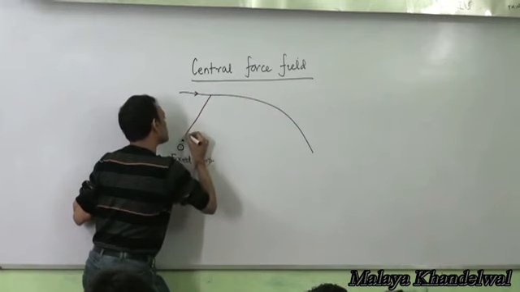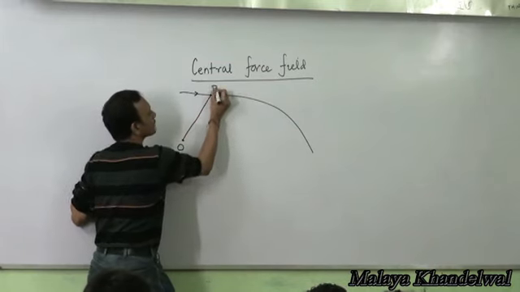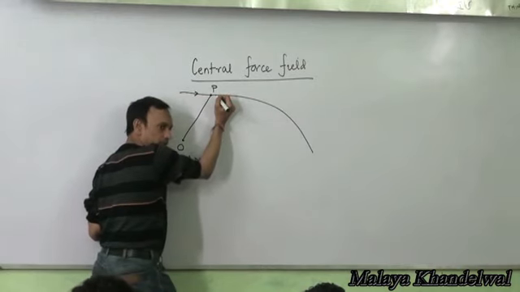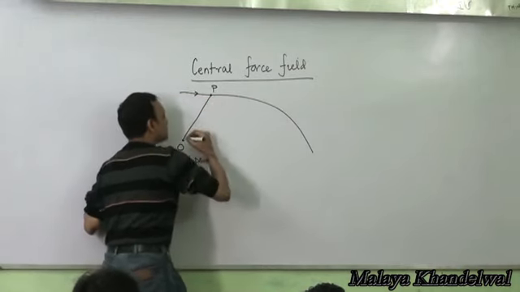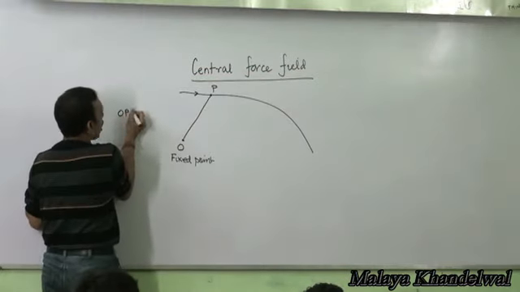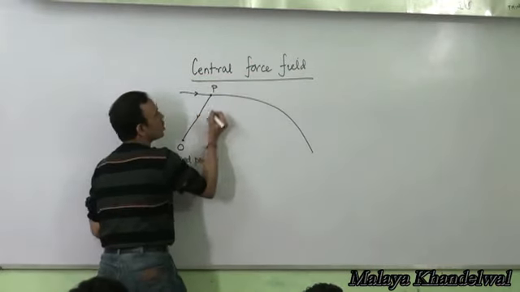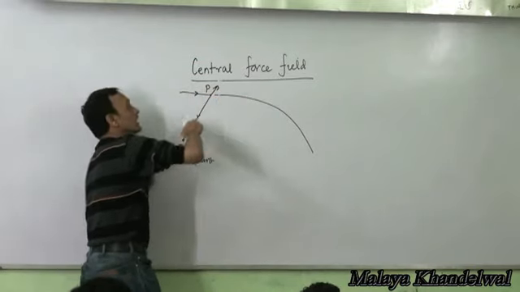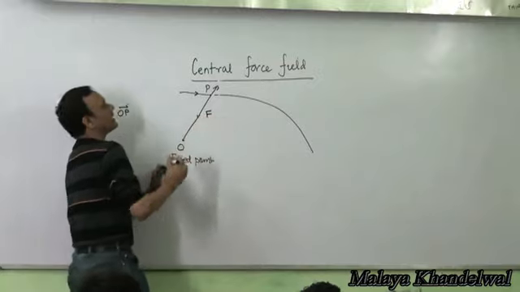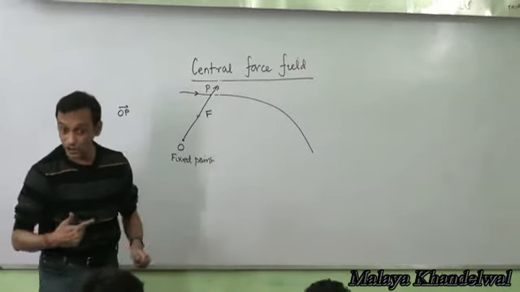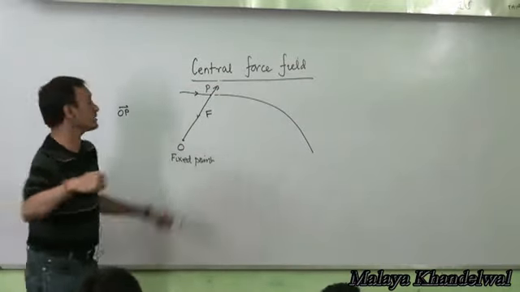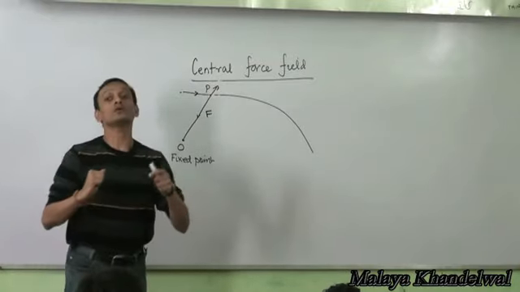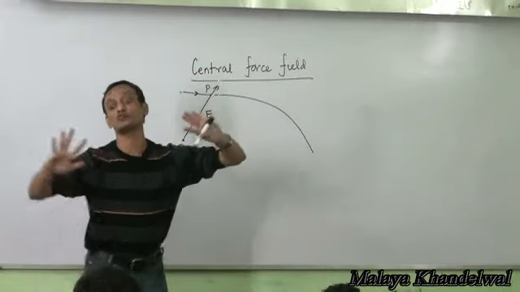the force that the particle experiences when it's at any point P, if it's directed towards O or away from O, that means the line of action of the force experienced by a test particle always passes through a certain point O, then this force field is referred to as a central force field.